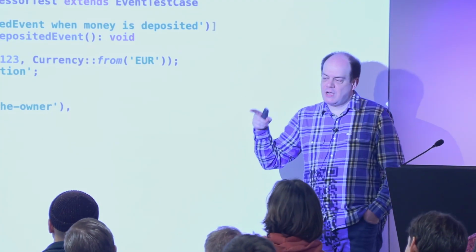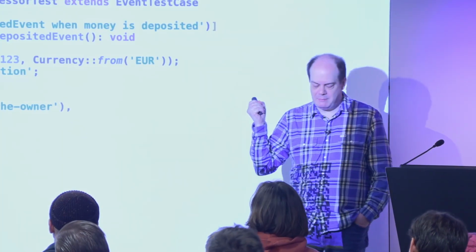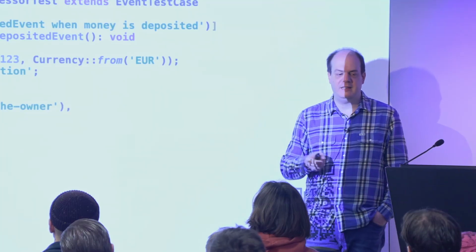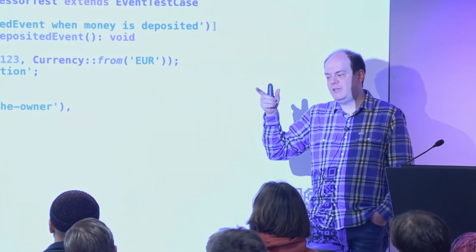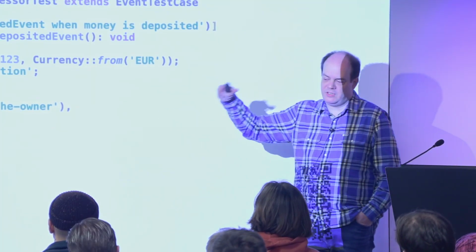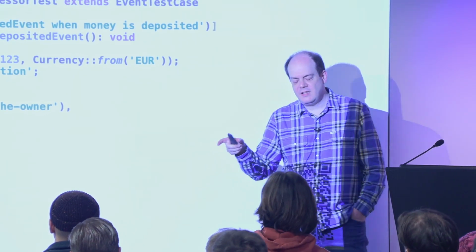So in our deposit money command processor test, we use a method named given that is provided by the event test case. So event test case is a PHPUnit customization that is part of this project. And the idea here is as follows.